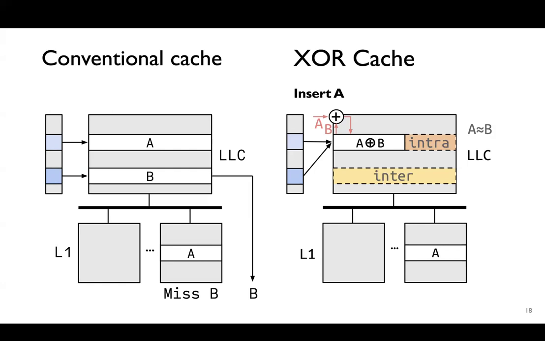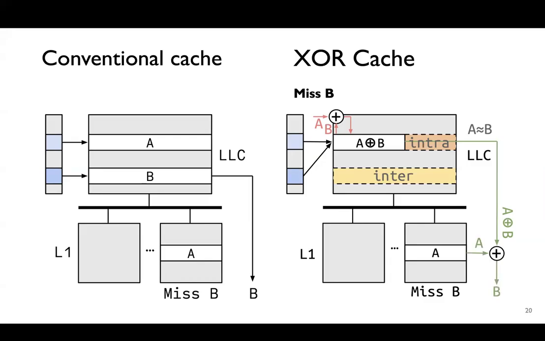Let's now see how decompression works when XOR cache services a miss on a XORed line. So suppose we have the same miss on line B from the private cache on the right. When receiving the request, LLC forwards the XORed line A XOR B to the requester.